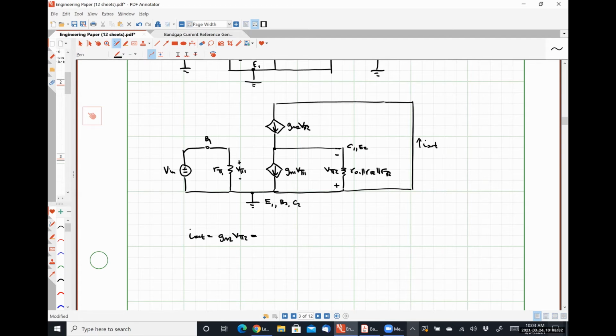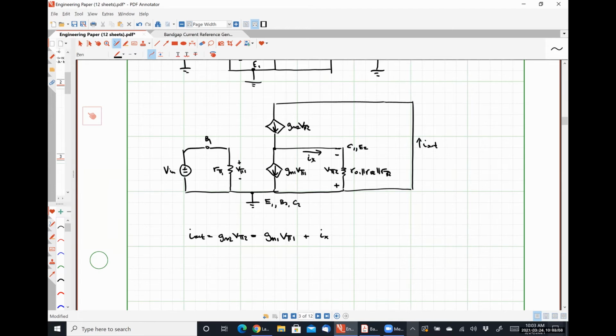Using Kirchhoff's current law, I can say that this is equal to gm1 times v pi 1 plus a current I'm going to call Ix, the current that branches off and divides itself among those three resistors.